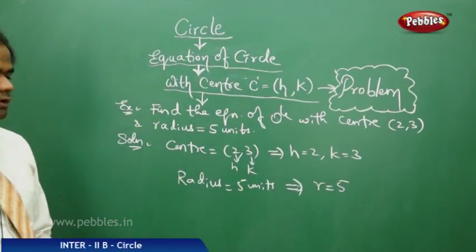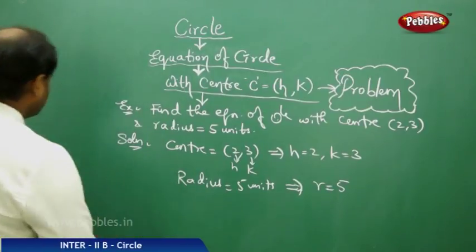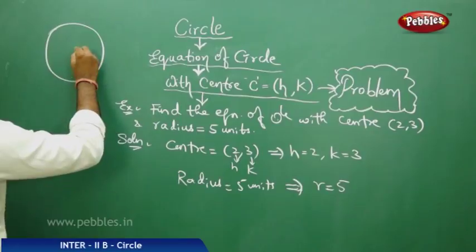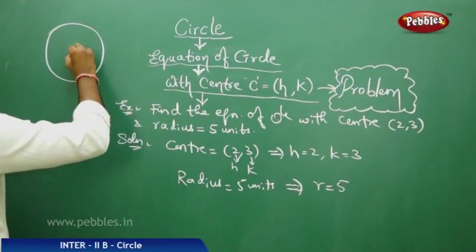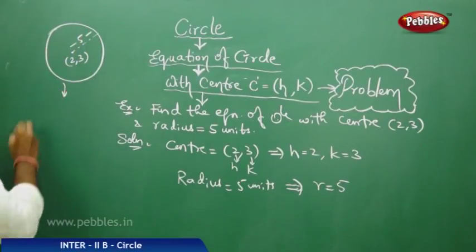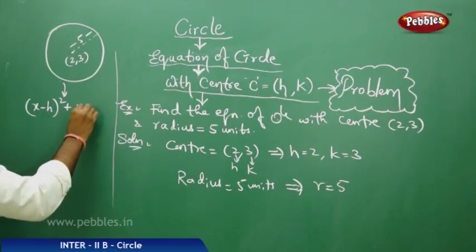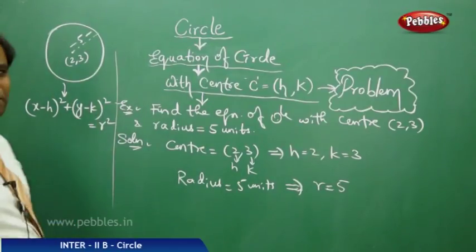Therefore, for the equation of a circle where the center is 2, 3 and the radius is 5, I have the equation x minus h whole square plus y minus k whole square equals r square.